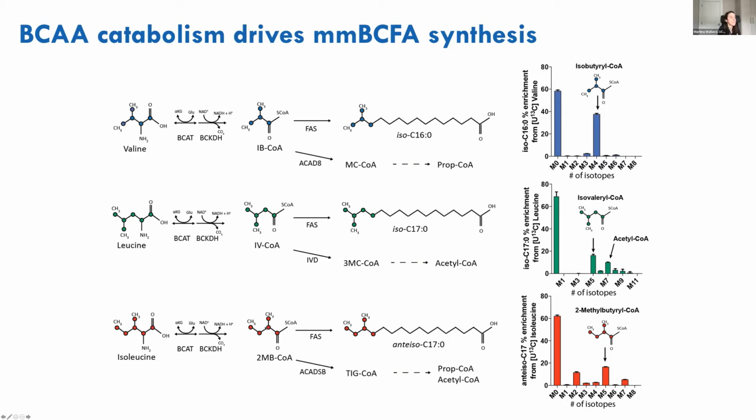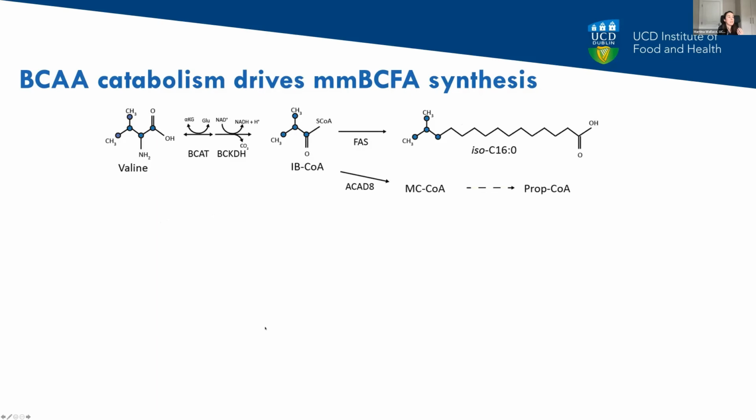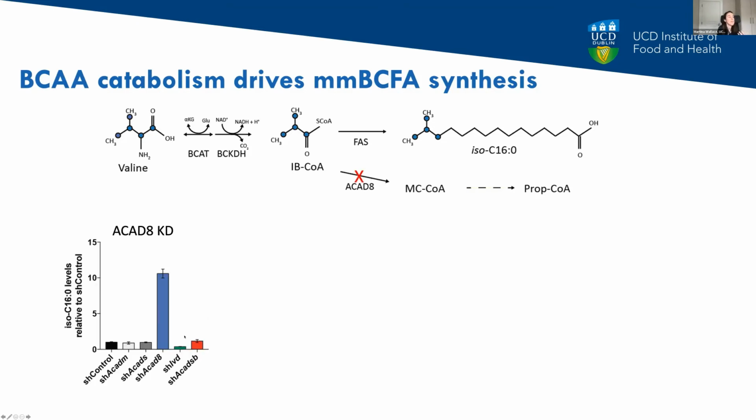And to further show that it was this part of the pathway that was being used, we knocked out the next step in the breakdown of these branched CoAs. We found that when we did that, it increased the respective branched chain fatty acids. So causing a buildup of this short branched CoA increased the levels of its long chain branched fatty acid.